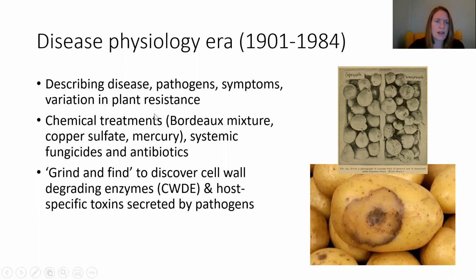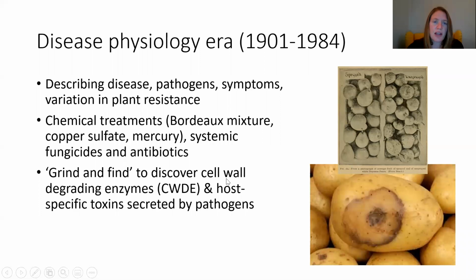There were also a number of chemical treatments produced at this time. Copper sulfate, for example, is still used today in organic agriculture. Systemic fungicides and antibiotics were discovered around this time as well. And you can see it makes a huge difference, some of these mixtures, and still do today.